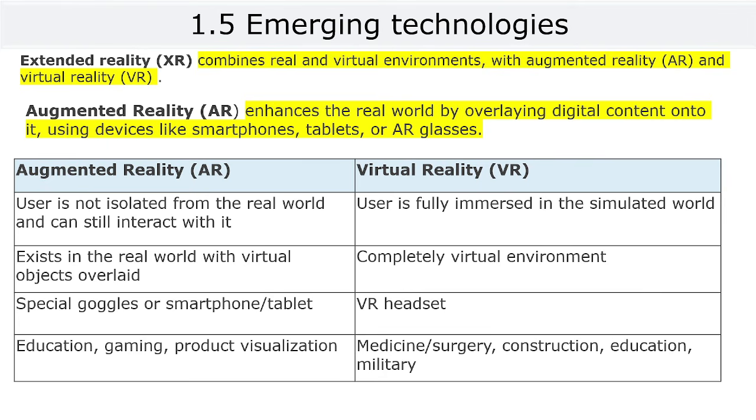The augmented, on the other hand, exists in the real world with virtual objects overlaid. The virtual reality completely takes you away. Then we have some special goggles or smart glasses that can be used to have an experience of the virtual world using AR or VR.